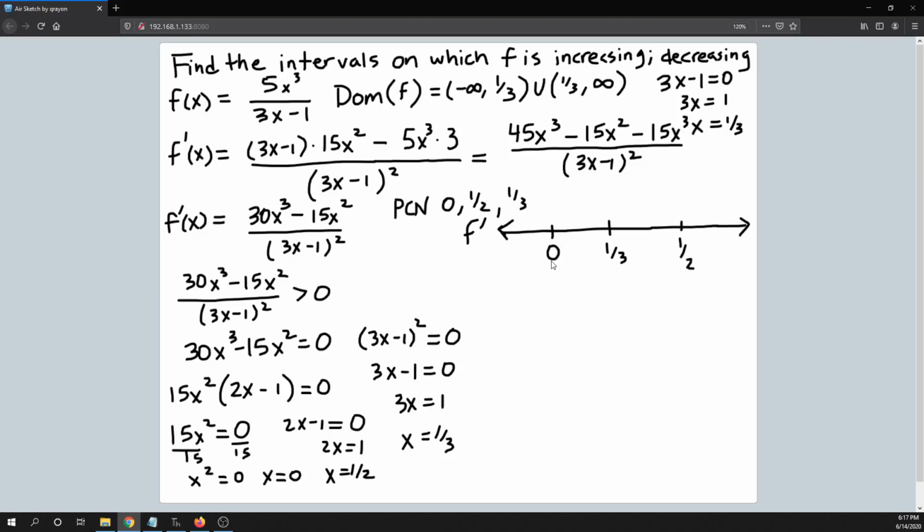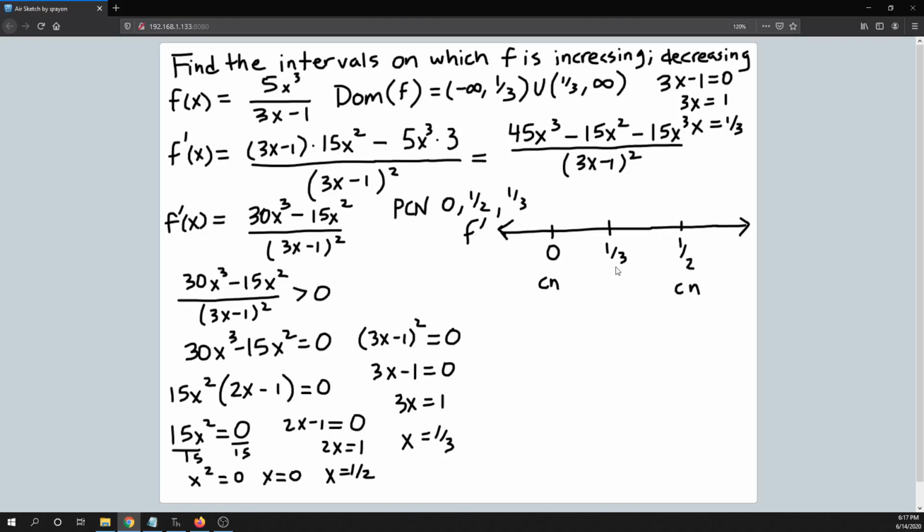So that means 0 is in the domain, 1/2 is in the domain. So they are going to be critical numbers of f, but not 1/3. 1/3 is not a critical number of f. It still needs to be on the number line. All of the possible critical numbers need to go on there.